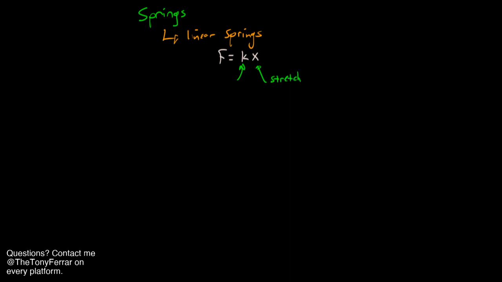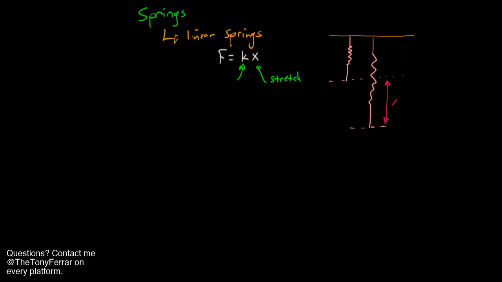So just to be clear, if we had a spring and you didn't touch it, it would normally be, say, this long, and then you grabbed it and stretched it till it was this long. The stretched distance is here, x.